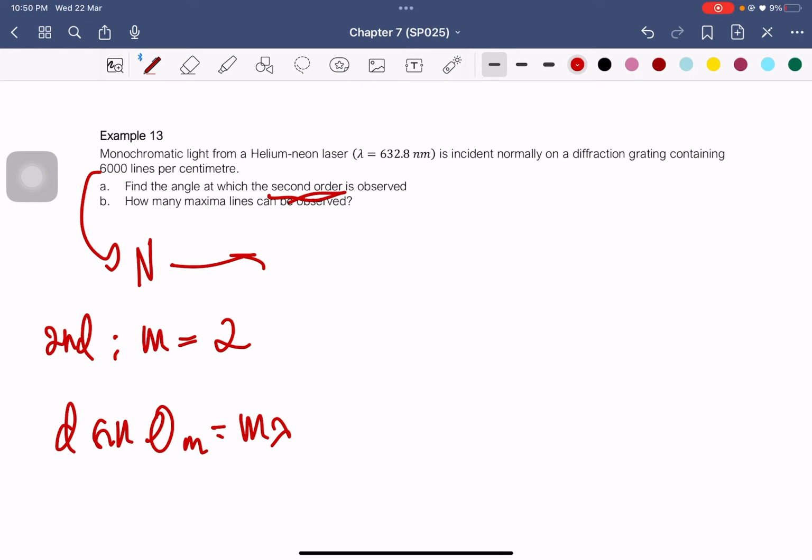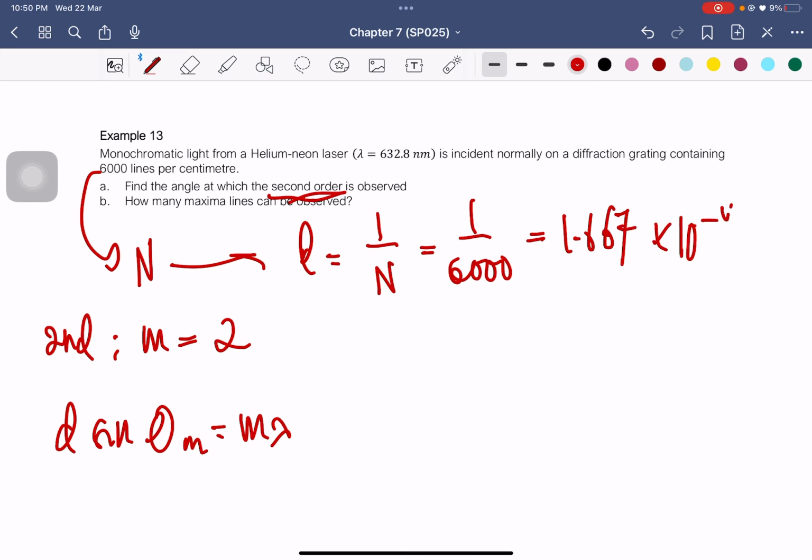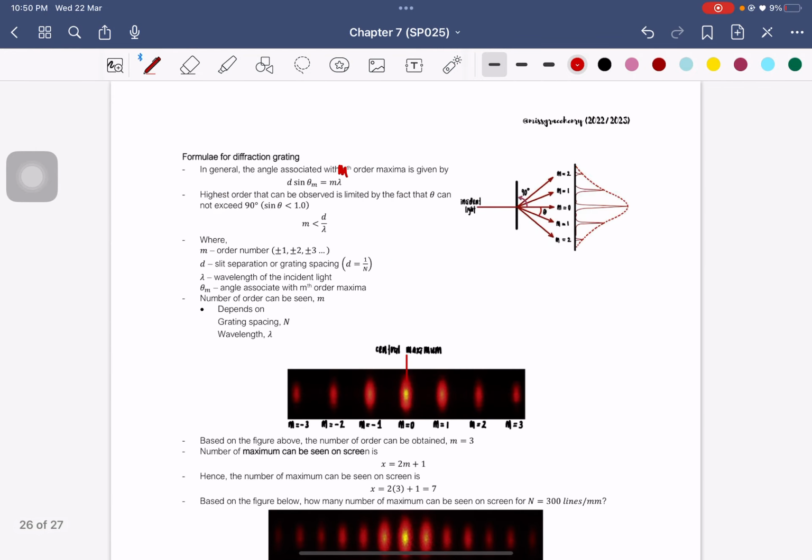First we have to find d. So d is just 1 over n. So 1 over 6000 gives you 1.667 times 10 negative 4 meter.